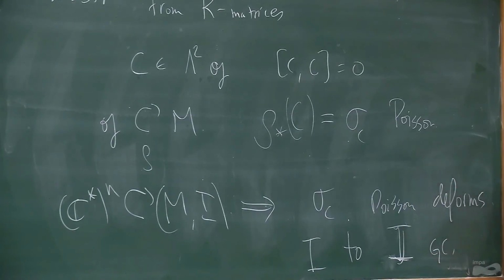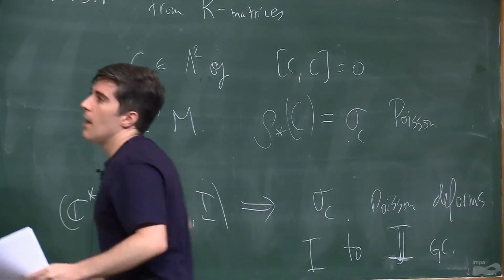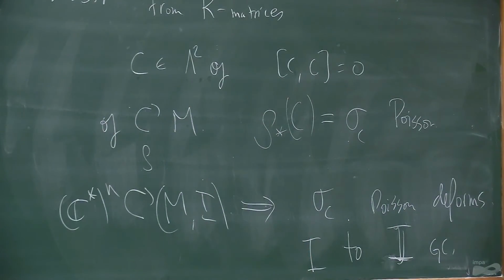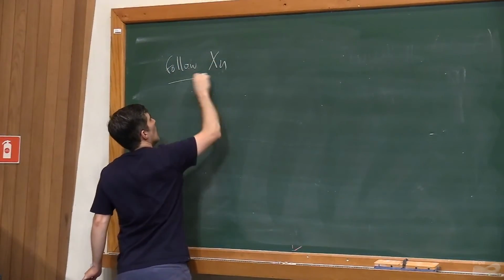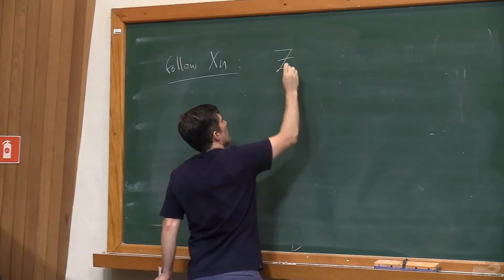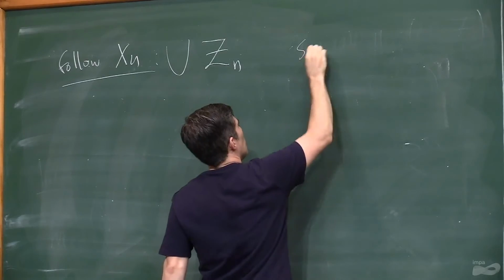And what they explain is that everything goes through. So we follow Xu, and we see that Z, the union of the Z_n, is a symplectic groupoid.